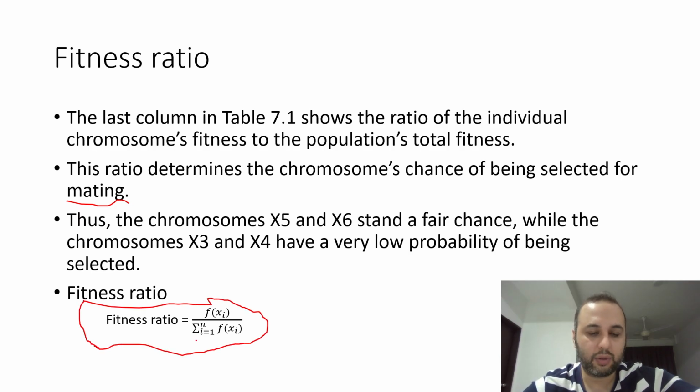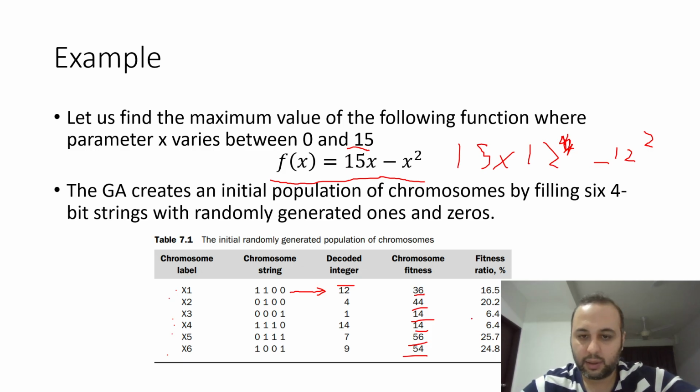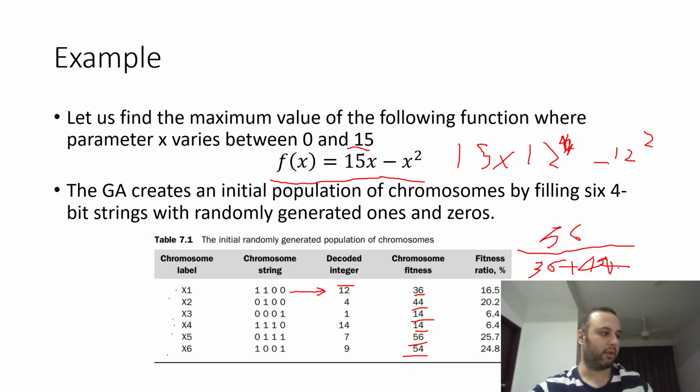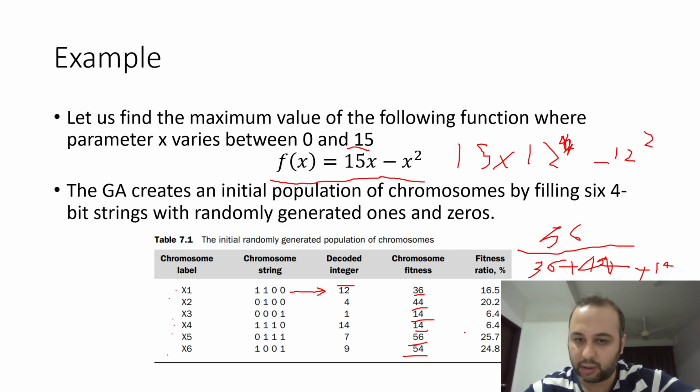This one shows each chromosome's fitness over the total chromosome fitness. Means 36, for example, over 36 plus 44. My mouse pad is not good, I cannot write it properly, but I can explain: plus 44 plus 14 until the end.